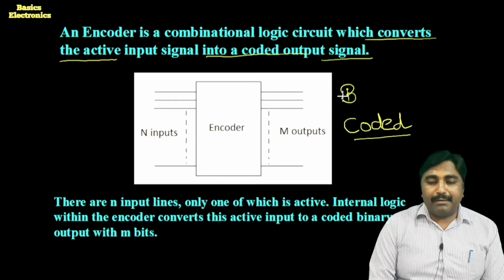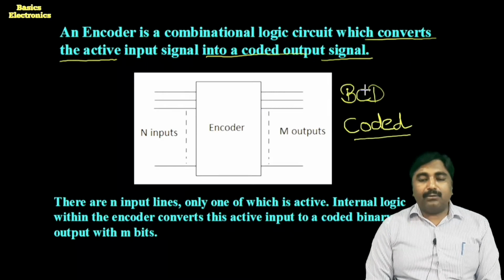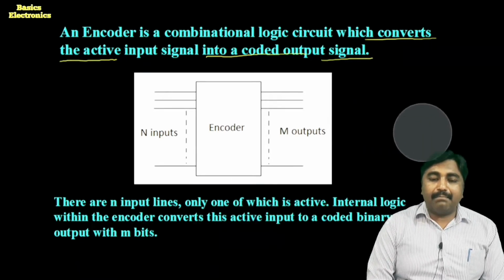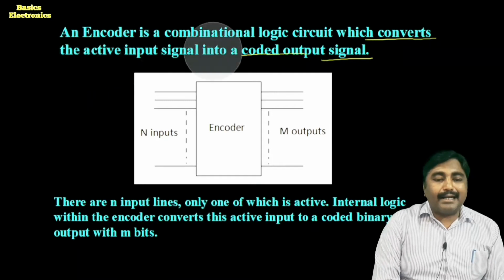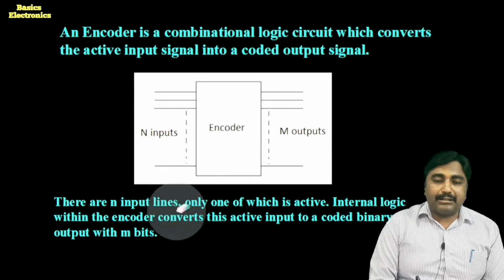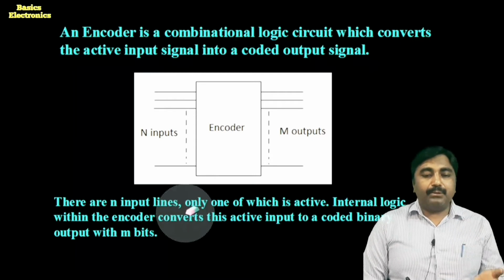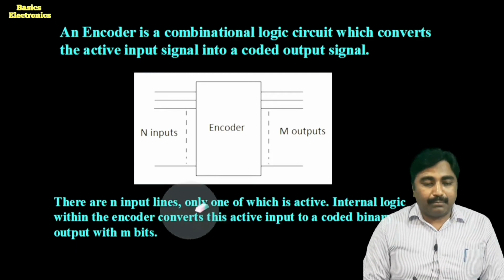That coded form may be BCD, ASCII code, or EBCDIC code. Here we have to consider only the BCD code. So an encoder is a combinational logic circuit which converts an active input signal into a coded output signal.